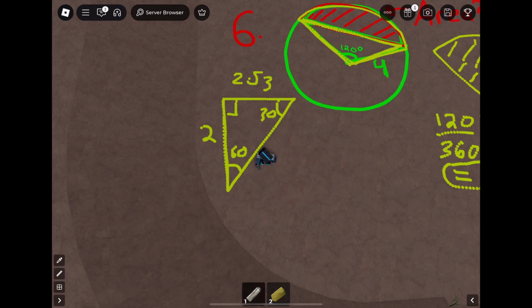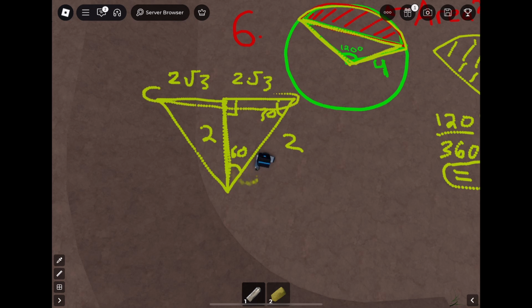So now this is the triangle. Now I fill in the other half, like that. Well, these triangles are the same, right? So this part down here is also 2 times root 3. And notice how I can find the area of the triangle now, because area is 1/2 base times height. This 2 over here is just the height, and this total side is just the base. And the base is just going to be the sum of those two little parts.